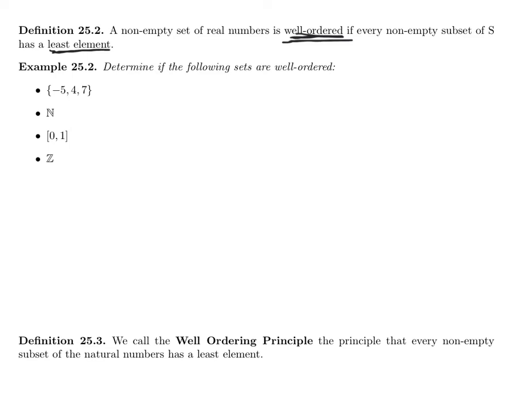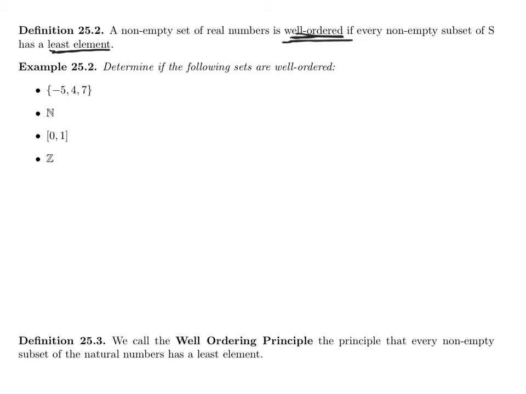The first one here, well, we just have 3 integers, no problem. -5 is the smallest one, but that doesn't really matter. You can imagine, take any subset of these, and it has some least element. Even if you just pick the subset with 7 in it, then 7 is going to be the least element.